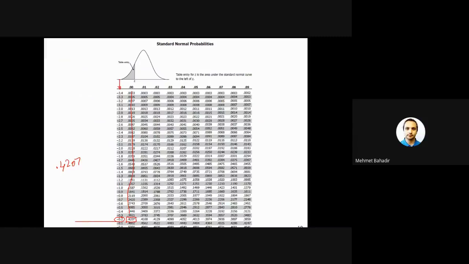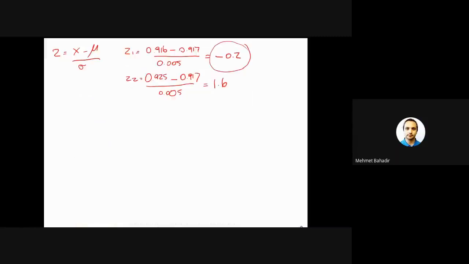This is the area to the left of our first Z value, which is z1. This is mu, this is z1, this is z2.